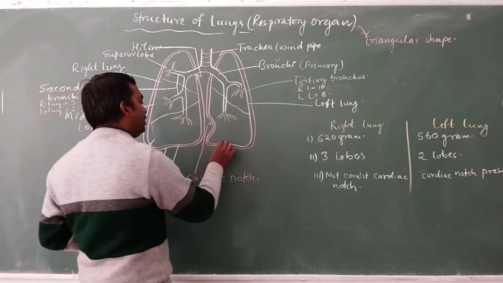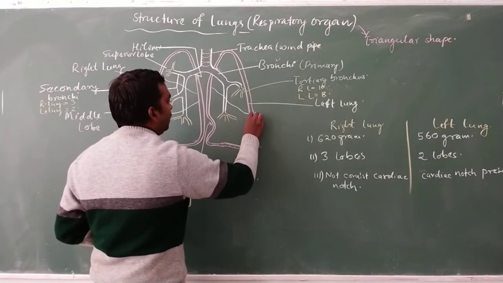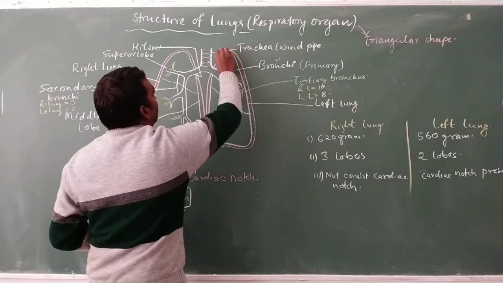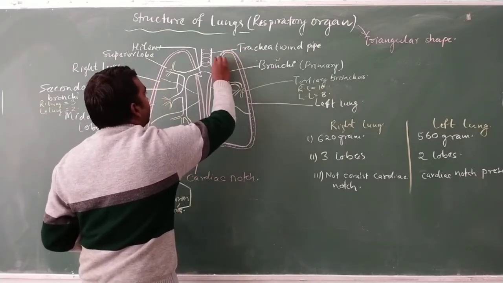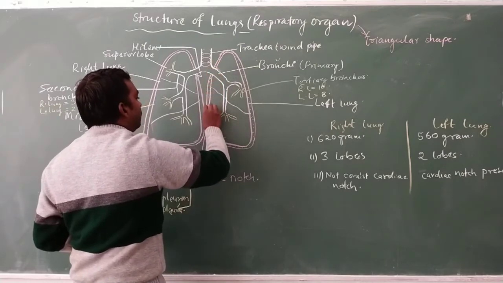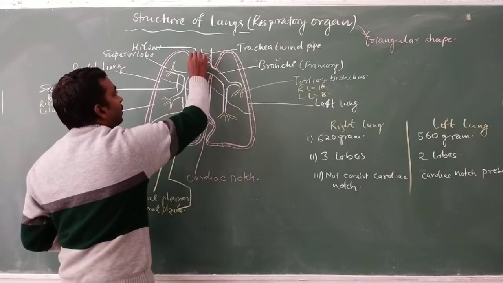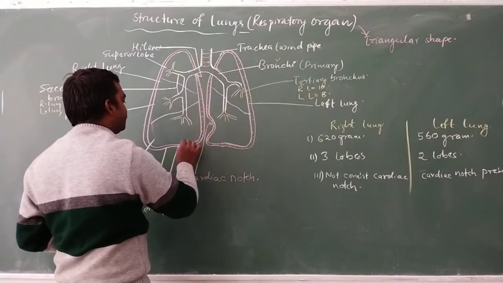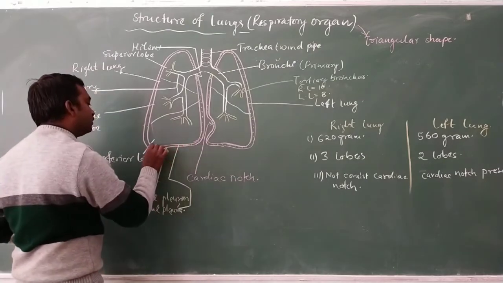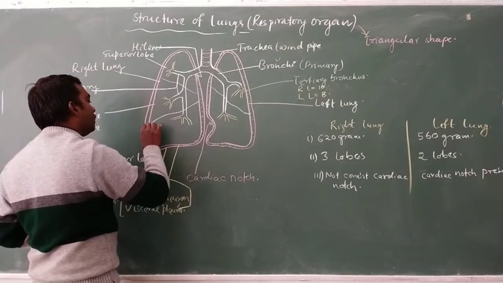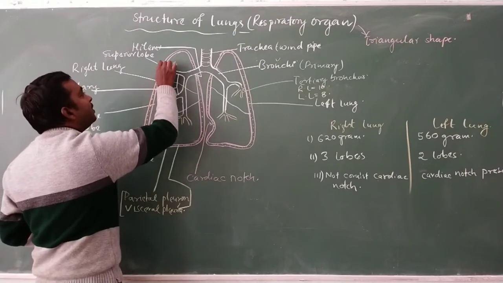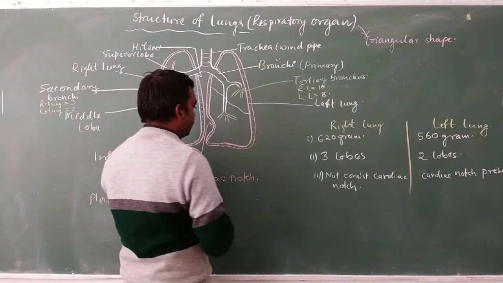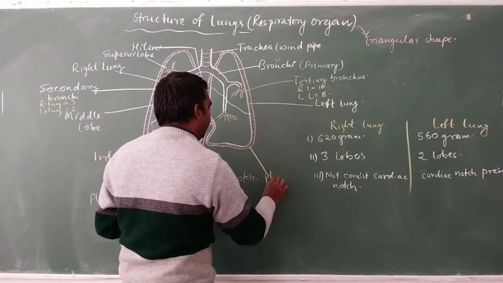In between these pleura there is a fluid. There is a fluid between the two pleura, the parietal as well as the visceral pleuron. The fluid is filled in the space between them, and this space is known as the pleural cavity.